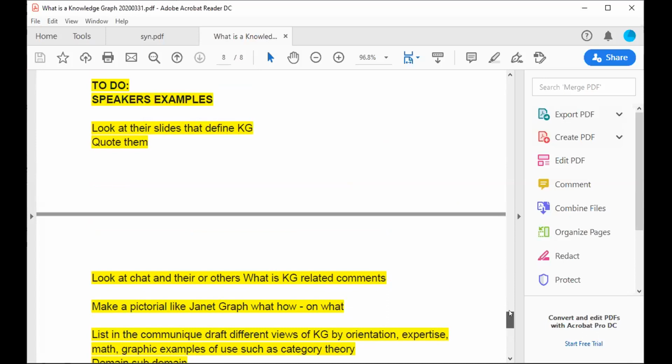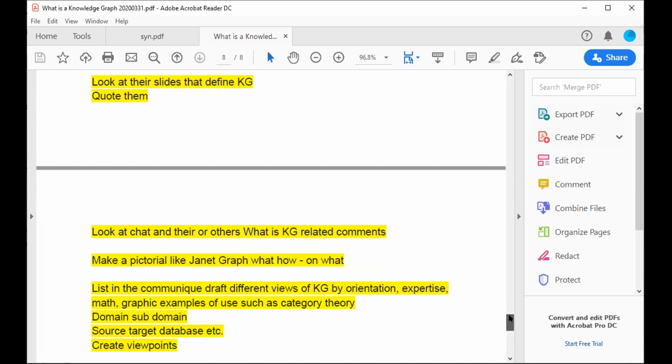What is a knowledge graph? In your presentation you have included some names at least, but we have to expand in this document what their view is. Yes, of course. So that's all I list here. I didn't mean to delay you.